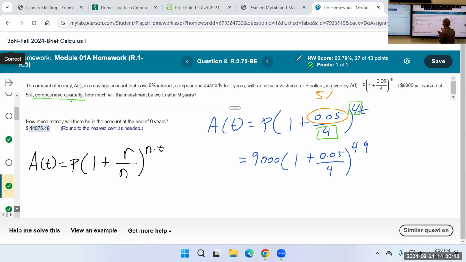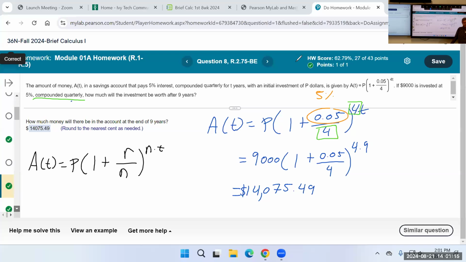And I got $14,075.49. That's what I got would be the investment. But that's not profit, that's just what would be in the account after 9 years. We invested 9,000, we're getting roughly 14,000 back. So the difference would be the profit.